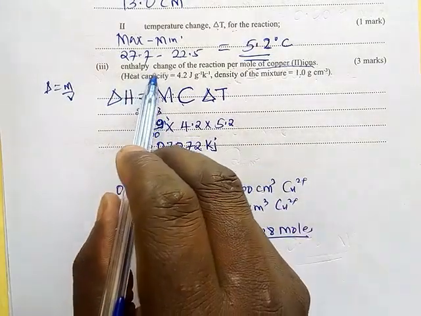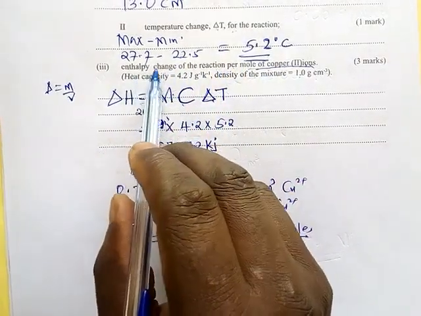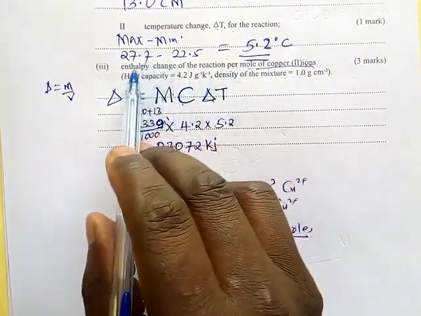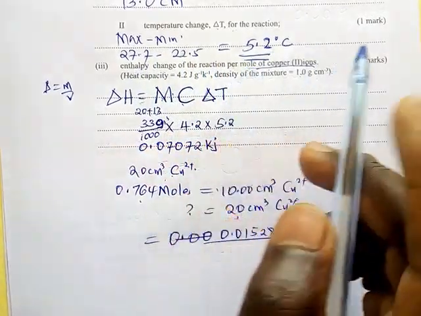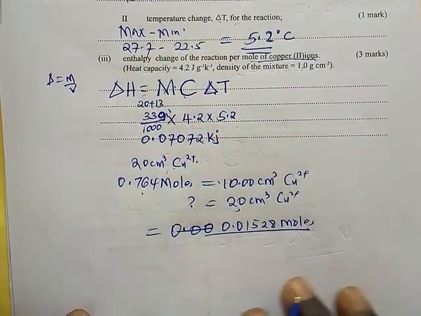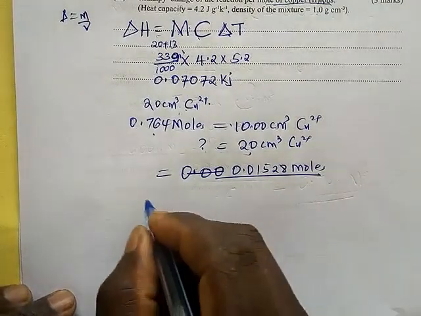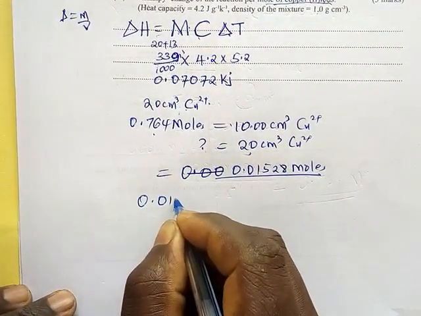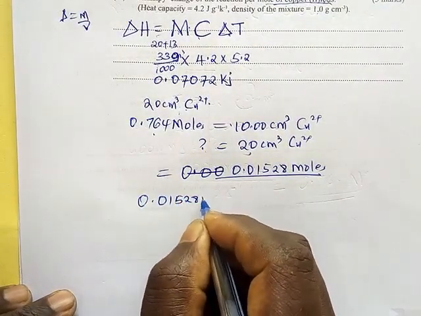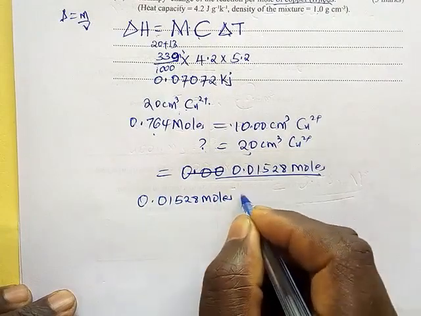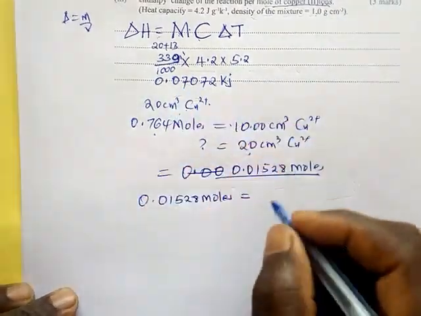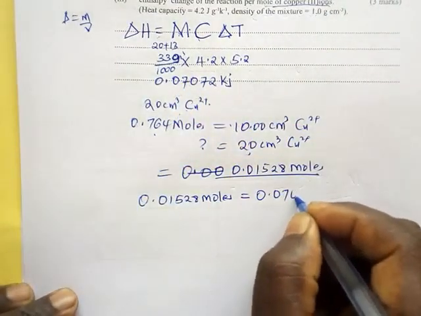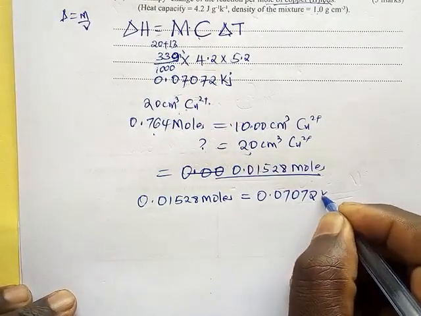This is the number of moles of copper 2 ions that was able to produce this heat. Now we want enthalpy change per mole. Remember, enthalpy change is per 1 mole. So 0.01528 moles was able to produce 0.07072 kilojoules.